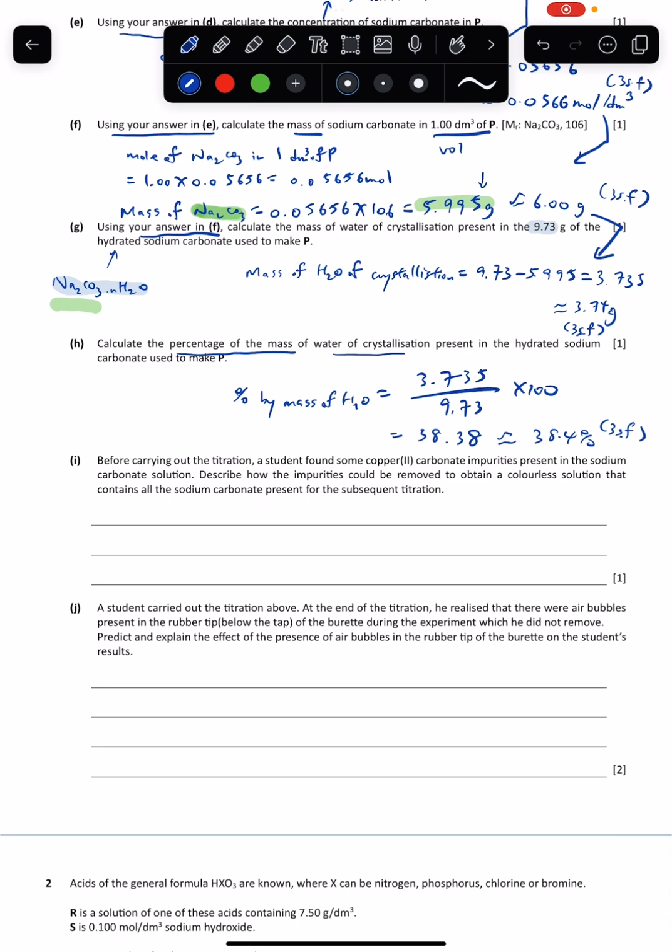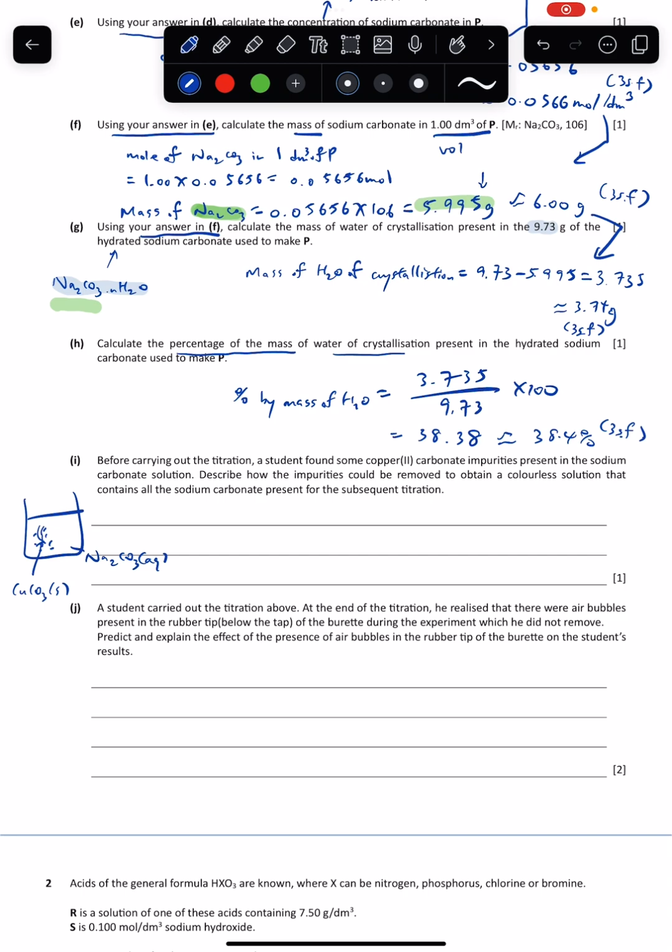Next one. Before carrying out the titration, they found some impurities. How can the impurities be removed? So before you calculate, what you have here is your sodium carbonate solution, and you have some copper carbonate, which is not soluble.